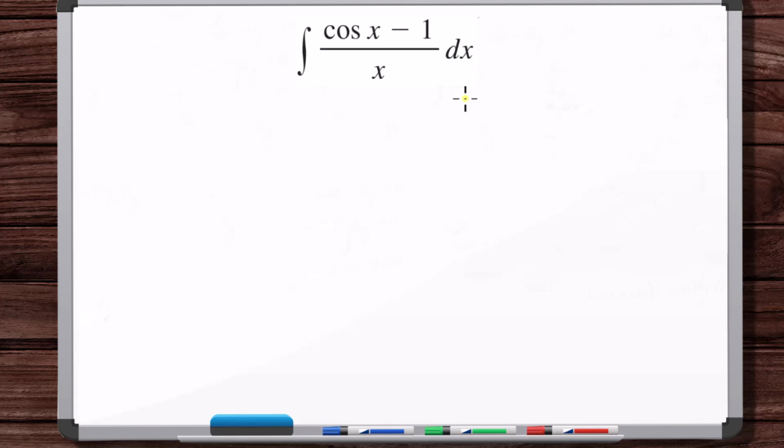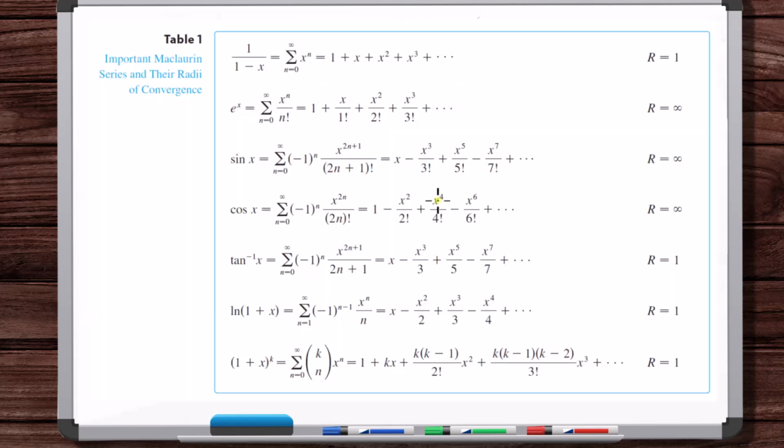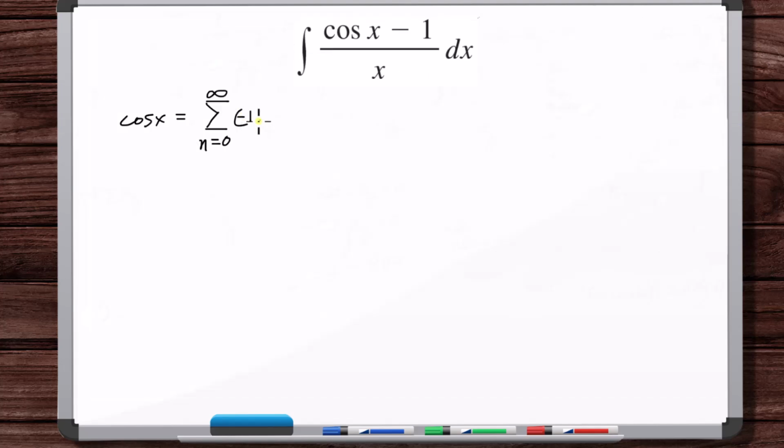So, cosine x as a Maclaurin power series is the sum of minus 1 to the n, x to the 2n, over 2n factorial.